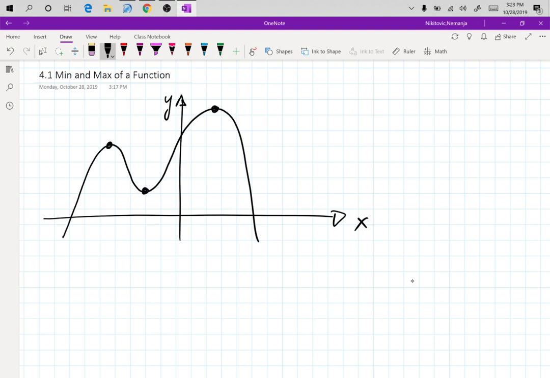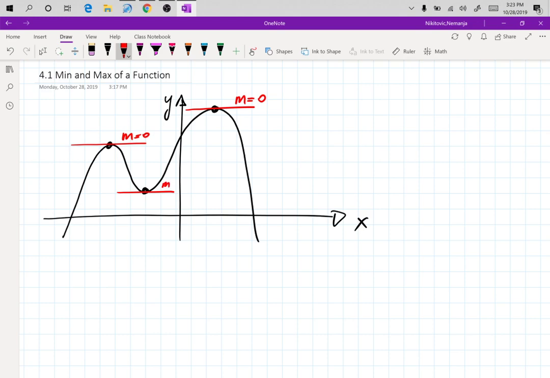We are focusing on these points, and if you take a look carefully, you will see that all of them have what we call horizontal tangency. Horizontal tangency is a tangent line that is horizontal, hence the slope is 0.